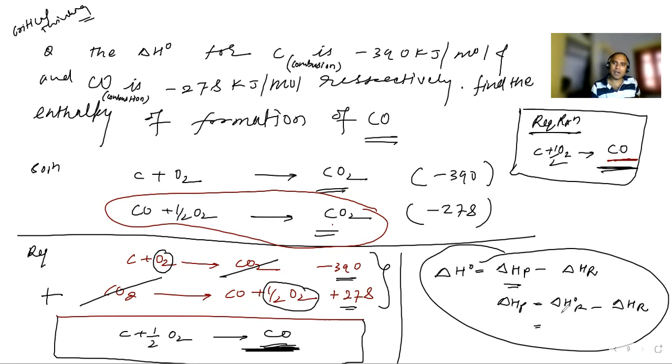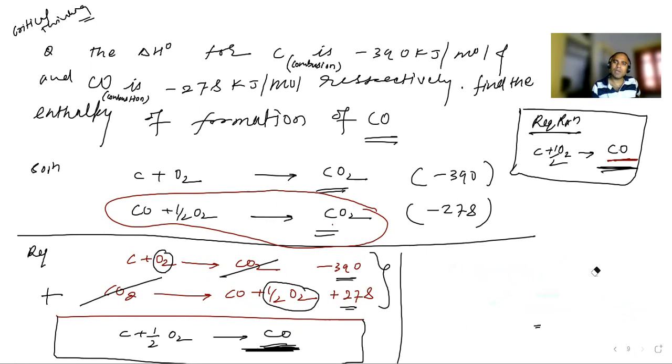Because you see, the enthalpy of reaction: C plus half O2 gives CO2, and CO plus half O2 gives CO2. Both are reactions, so it is very difficult to apply. So one more critical thinking problem: for 1 mole of CO formation, please try to understand and apply your mind. What did you do? Firstly, C plus O2 gives CO2, and second, CO2 gives CO plus half O2.